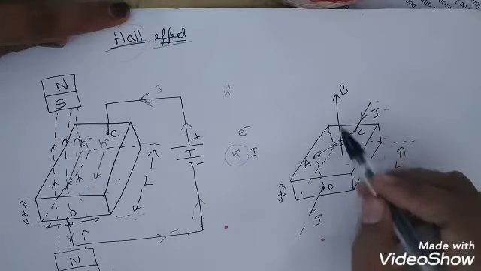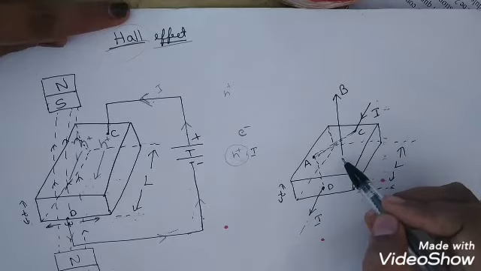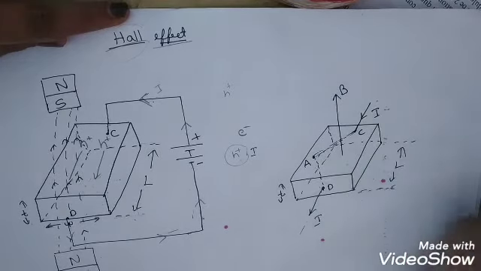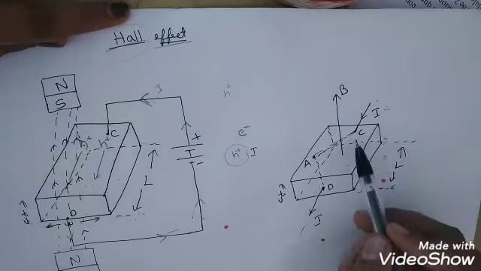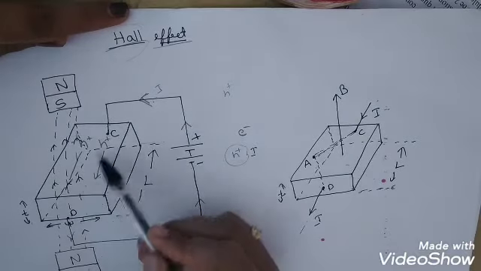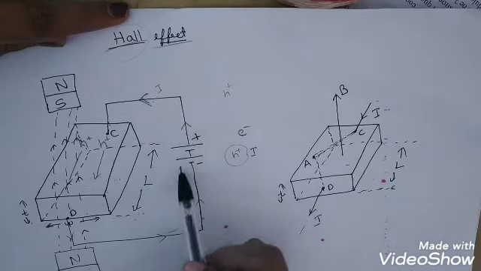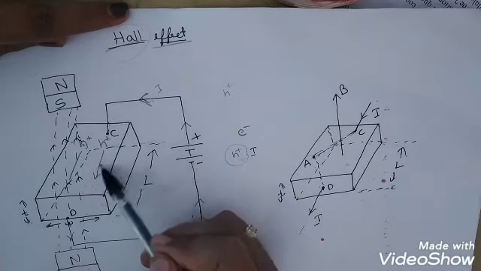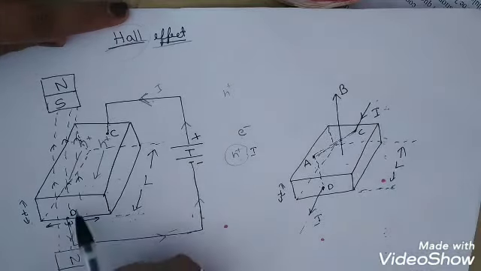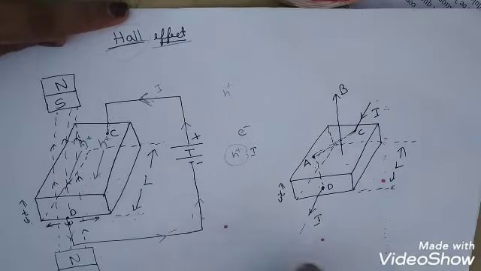Because of the magnetic field which we applied, the hole movement gets deflected. Initially, without the magnetic field, only by the electric field they were moving in this way. But after applying the magnetic field, a disturbance is created.